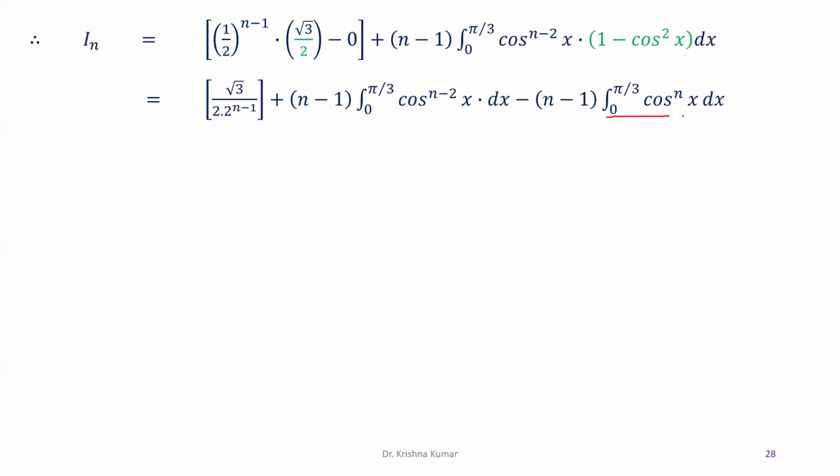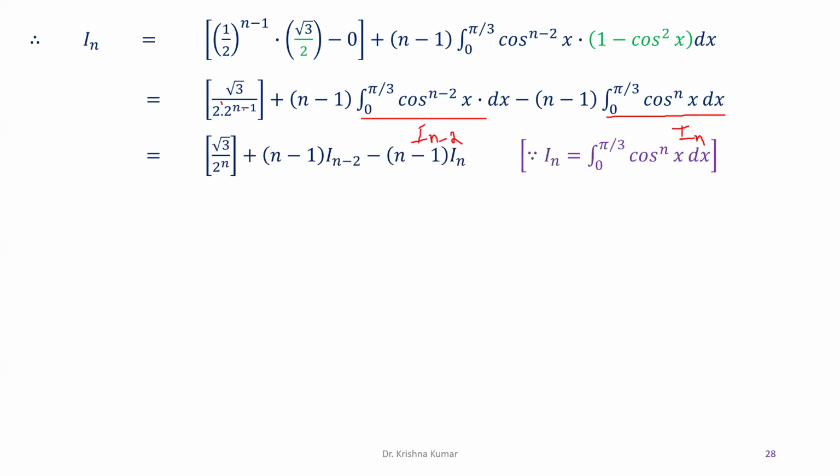So if we see, this is nothing but In, this is In minus 2, this is In minus 2. So if we put all these values, we have root 3 upon 2 to the power 1 and 2 to the power n minus 1. So plus 1 minus 1 will cancel.